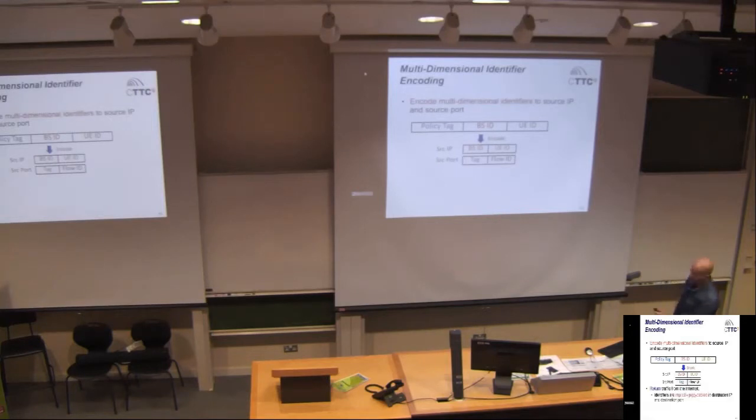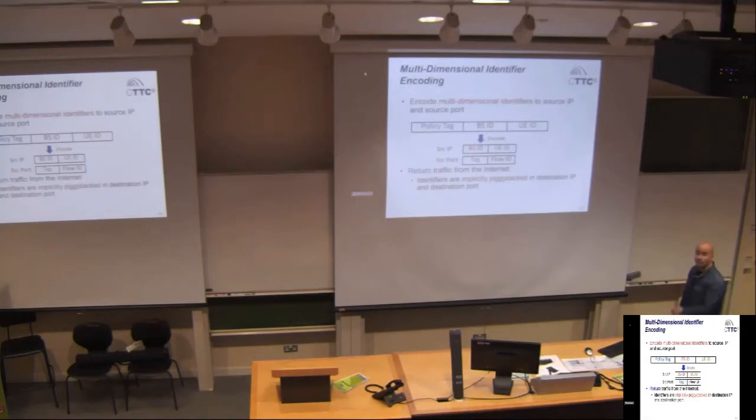Well, the base station ID is encoded in the prefix of the source IP address for packets in the uplink connection from the UE to the internet, and in the suffix of the source IP address to identify the location-based UE identifier. And the policy tag is encoded in the source port.